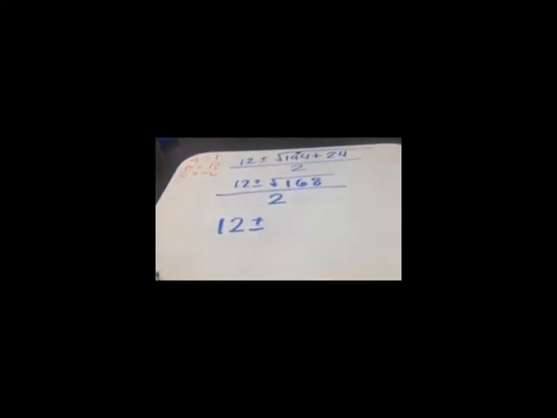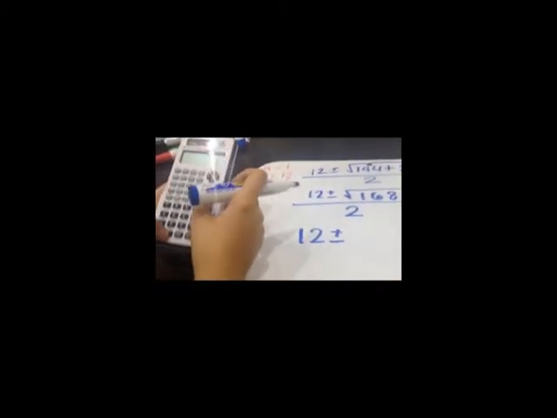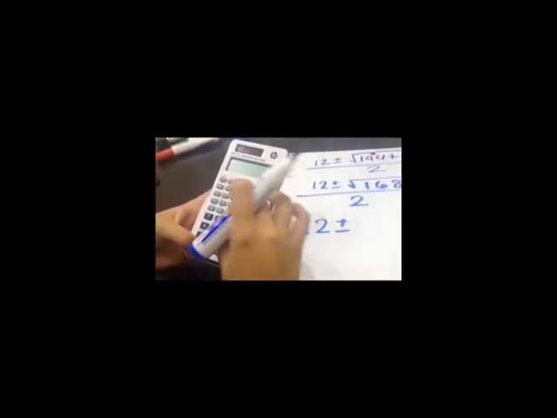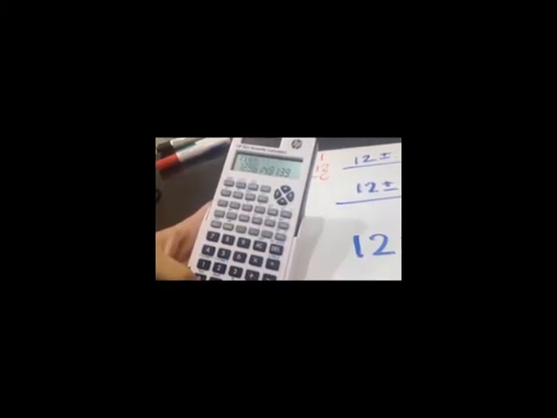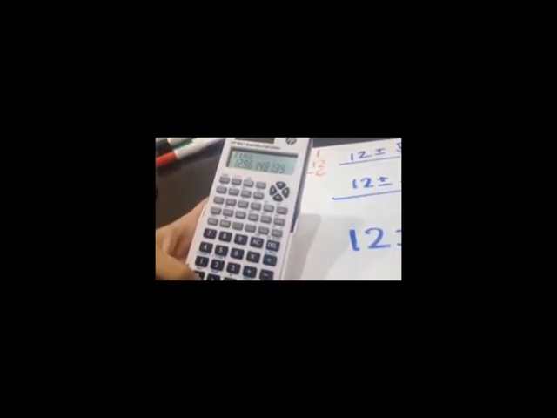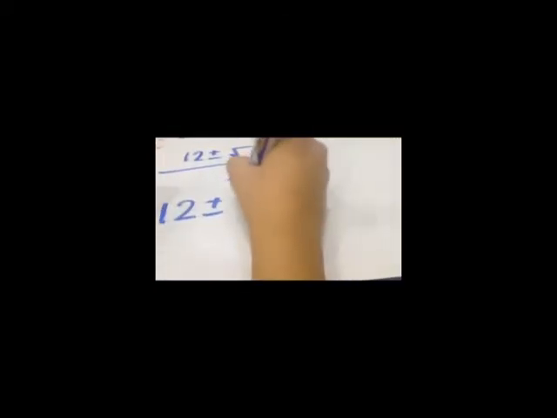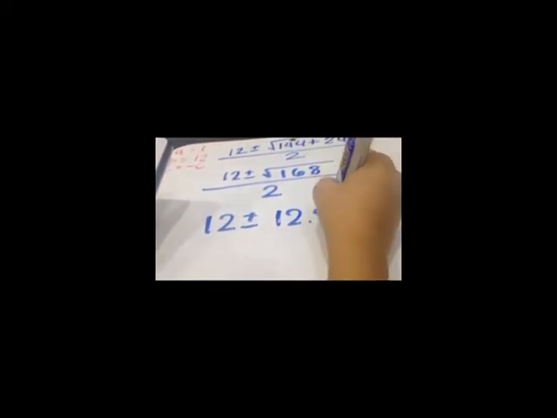We'll have to do the square root of 168. Here we will do it. It is 12.96. So 12.96 between 2.